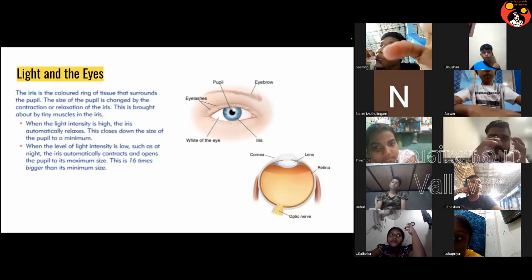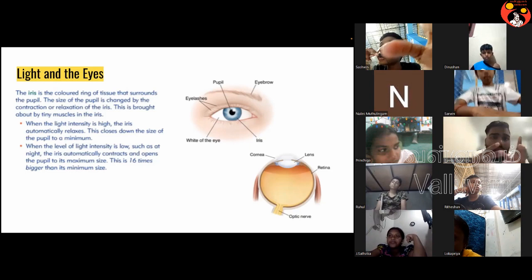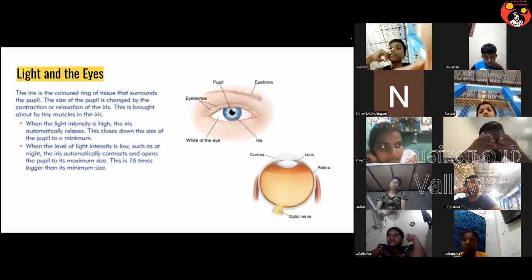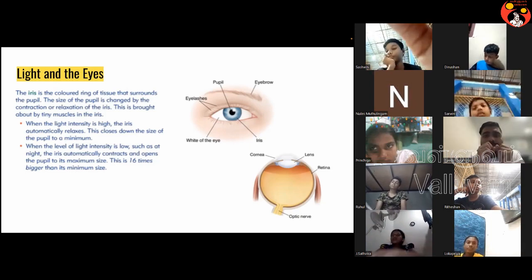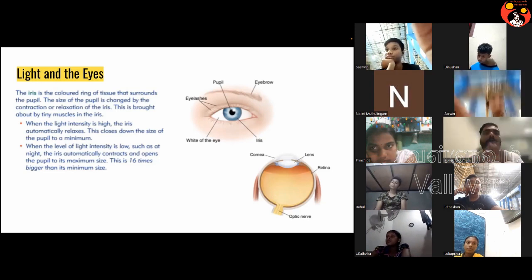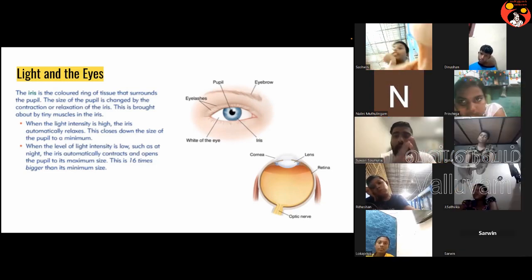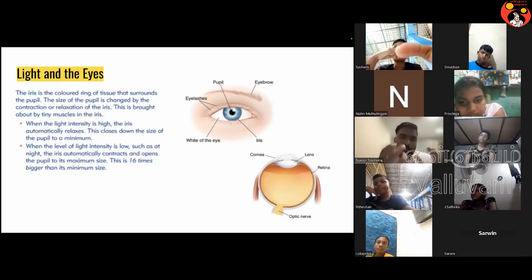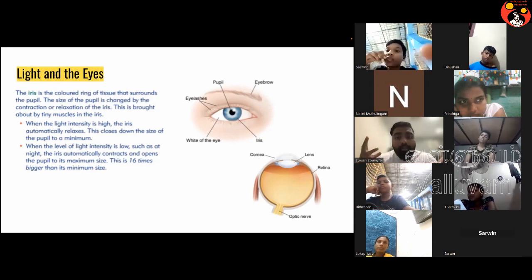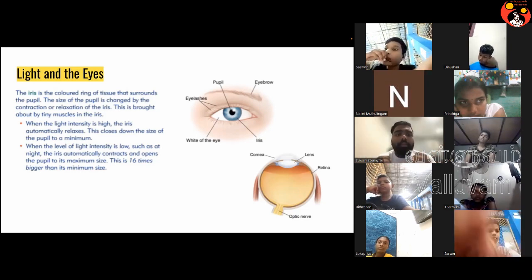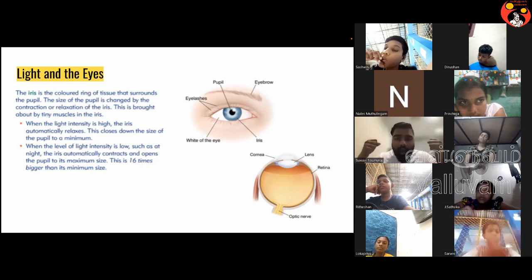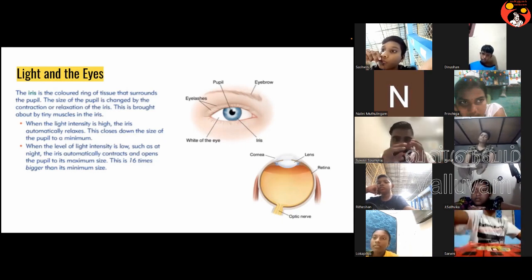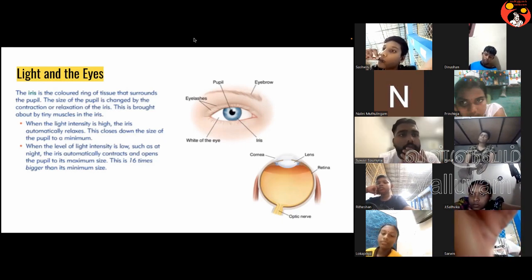So in the dark, right, the iris contracts. So the muscles pull closer together, which makes the pupil bigger, allowing us to see, right? So the iris doesn't become bigger, the pupil becomes bigger. Then when there's enough light and there's a lot of light, the iris relaxes, which then makes the pupil smaller.